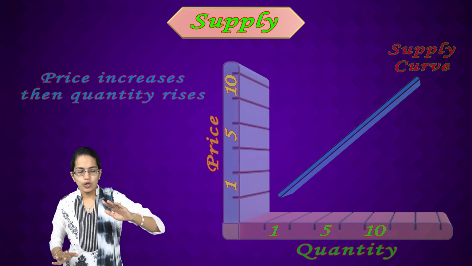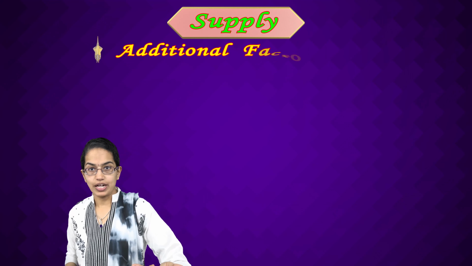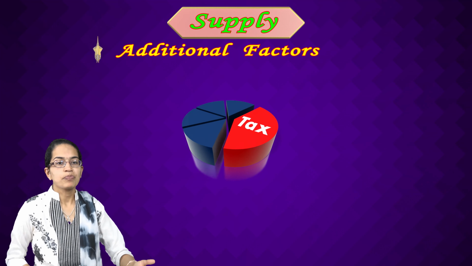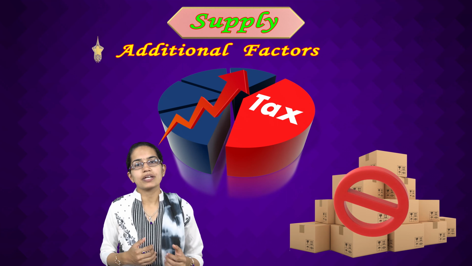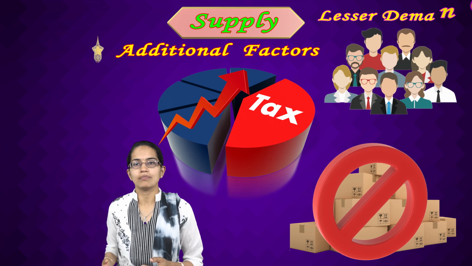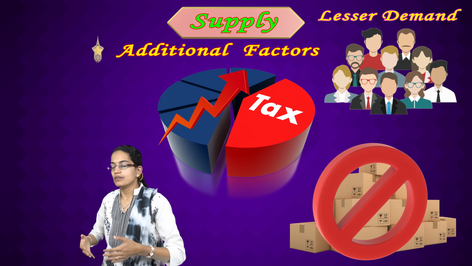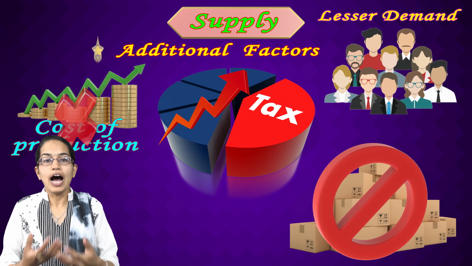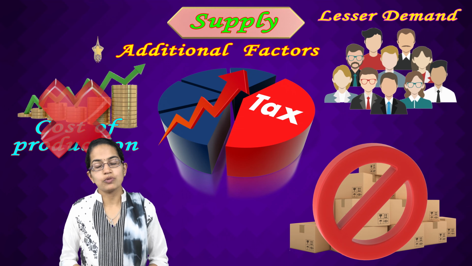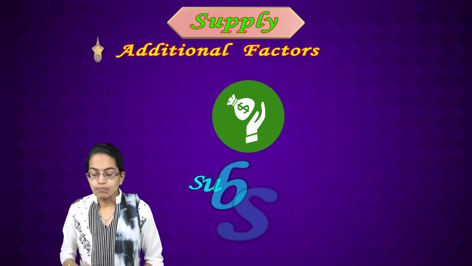Now, with the supply, what are the additional factors that affect it? Definitely taxes. If there are higher taxes, I would cut down my supply because there would be lesser demand in the market that would be seen. And moreover, my cost of production would increase and I would not like to have a higher cost that I have to bear. The next is subsidies.